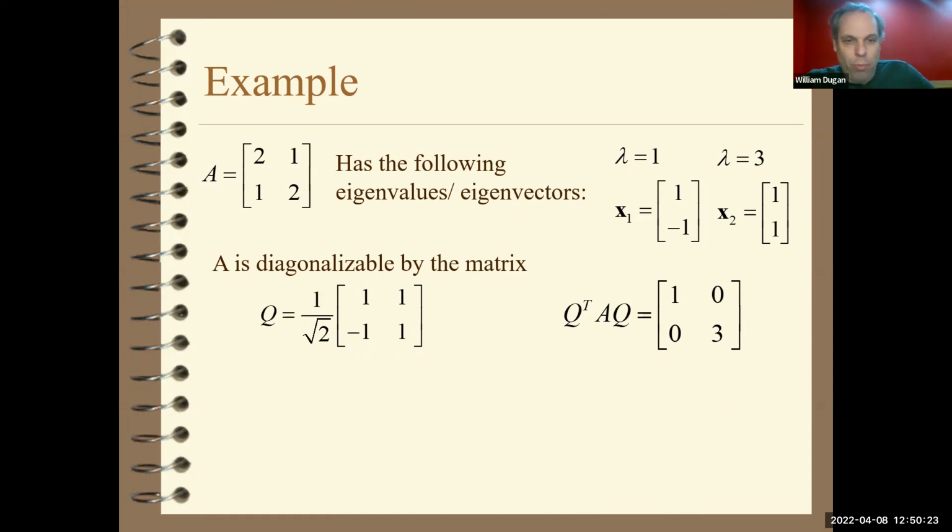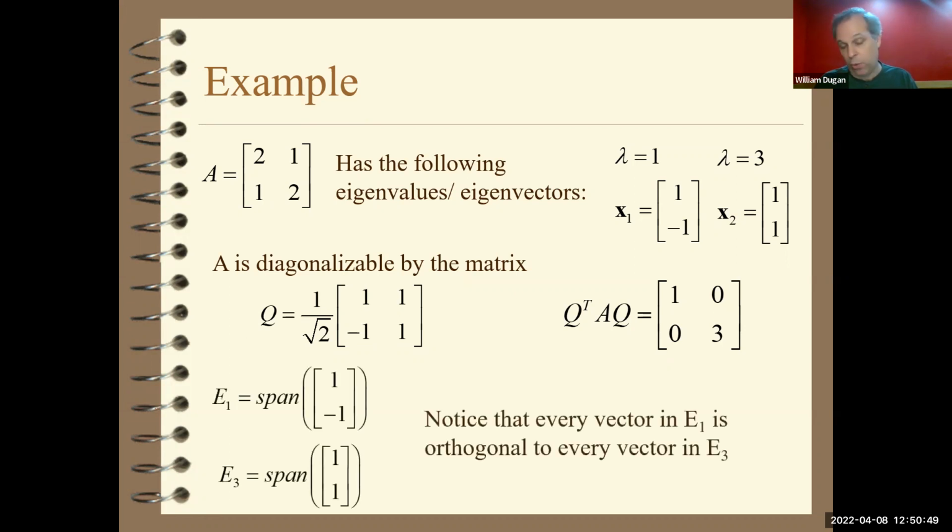If you look at this matrix 1, 2, 1, 1, 2, it has the following eigenvalues, which are 1 and 3. And notice that the matrix Q, which is 1 over the square root of 2 times the matrix 1, 1, negative 1, 1, is orthogonal, and it orthogonally diagonalizes A. So since A is orthogonally diagonalizable, look at the eigenspaces created by 1 and 3.